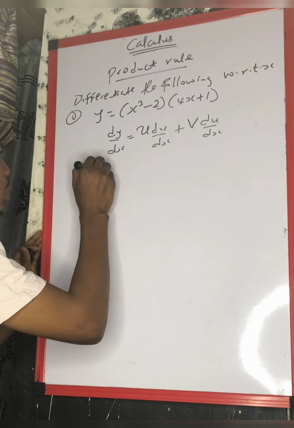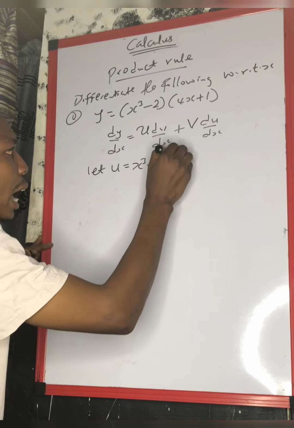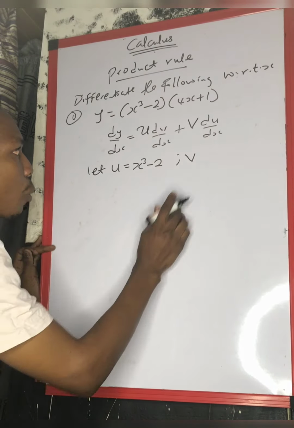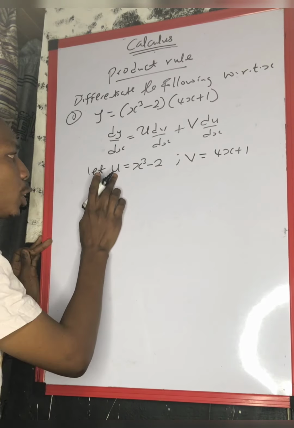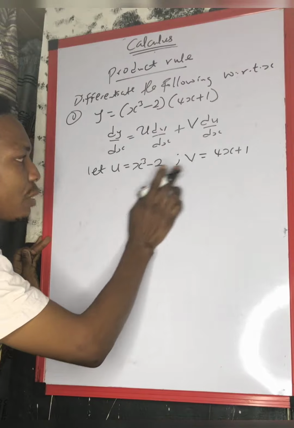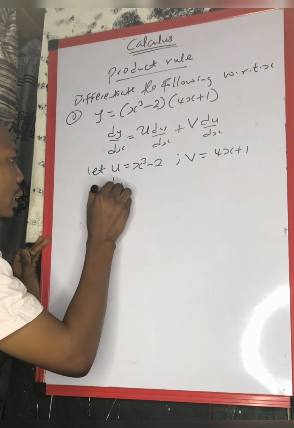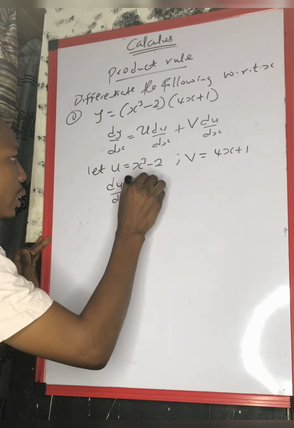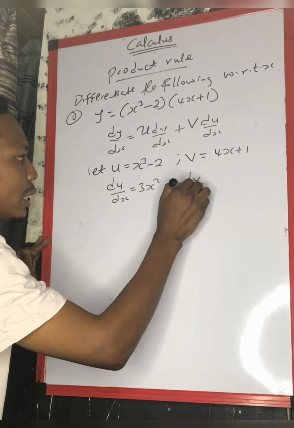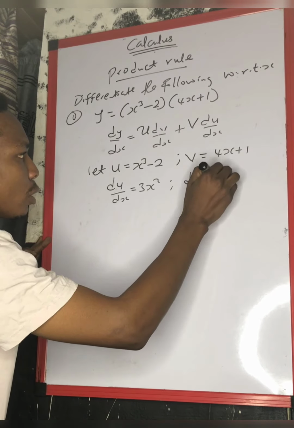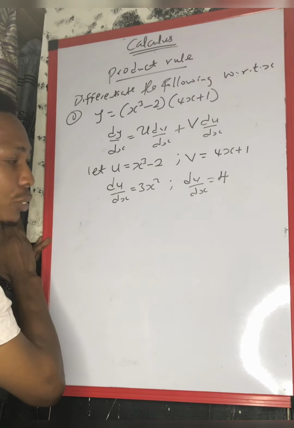Let u equal s cubed minus 2, and let v equal 4s plus 1. You differentiate u with respect to s, and v with respect to s. So du/ds equals 3s squared, and dv/ds equals 4. I believe now we have the general rules for differentiation.